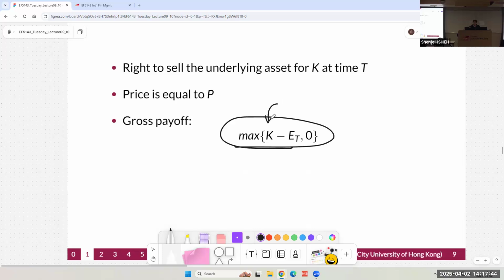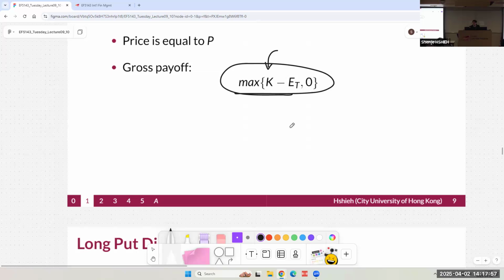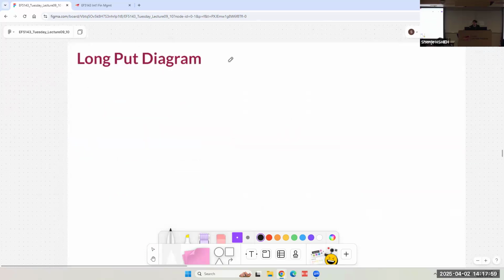Here you have the right to sell to your counterparty at K, but you're hoping that you can buy back, cover, at a lower price than what the market can offer. So let's look at a long put, which is max K minus ET, otherwise zero.